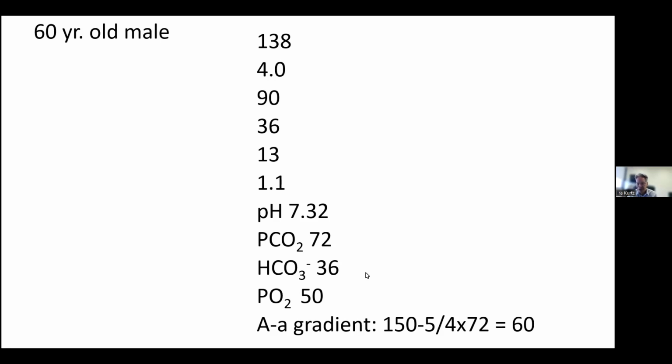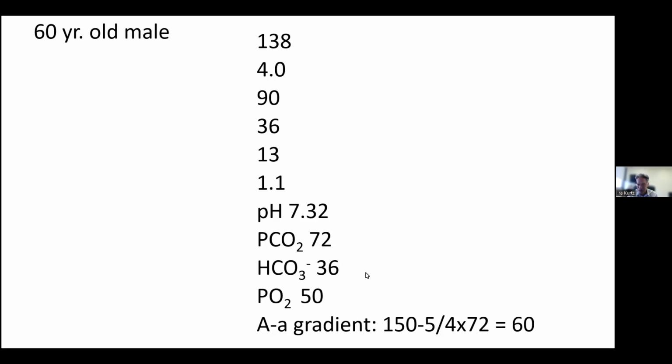Because the PO2 can be low either because the PO2 in your alveoli is low, in which case you know the PCO2 must have gone up, because remember they're roughly additive, not exactly. When the PCO2 goes from 40 to 72, the PO2 in your alveoli drops, and you can actually calculate what it is, and this is how you calculate it.